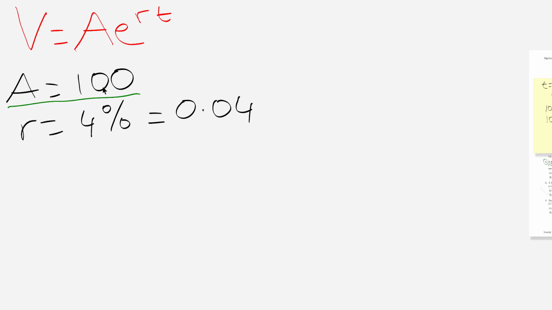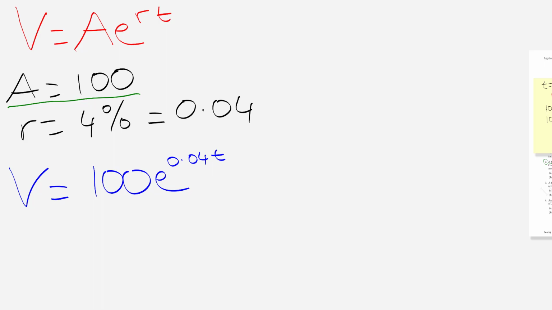Now that I know A is 100, and I know my growth rate is 4%, creating the function is very easy. We've got V equals 100e^(0.04t). And this is the function that describes a €100 investment continuously compounding at 4%.